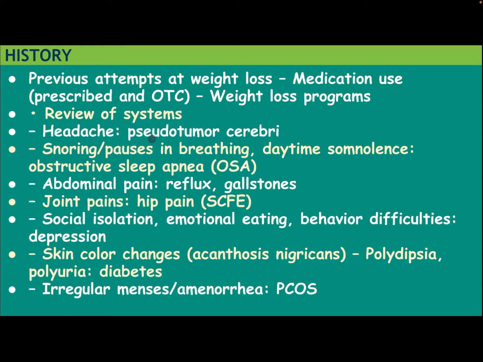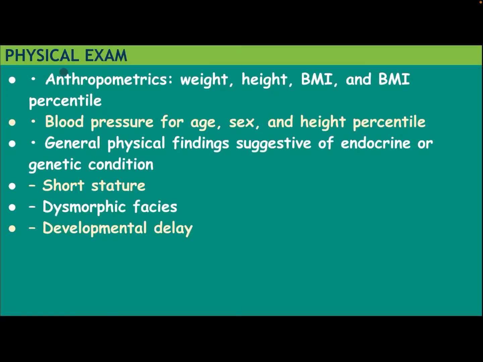Review of systems: headache could be pseudotumor cerebri; snoring, pauses in breathing, daytime somnolence could be obstructive sleep apnea; abdominal pain could be reflux or gallstone; joint pain could be hip pain, slipped capital femoral epiphysis; social isolation, emotional eating, behavioral difficulties, maybe depression; skin color changes, acanthosis nigricans; polydipsia, polyuria could be diabetes; irregular menses, amenorrhea could be polycystic ovarian syndrome.